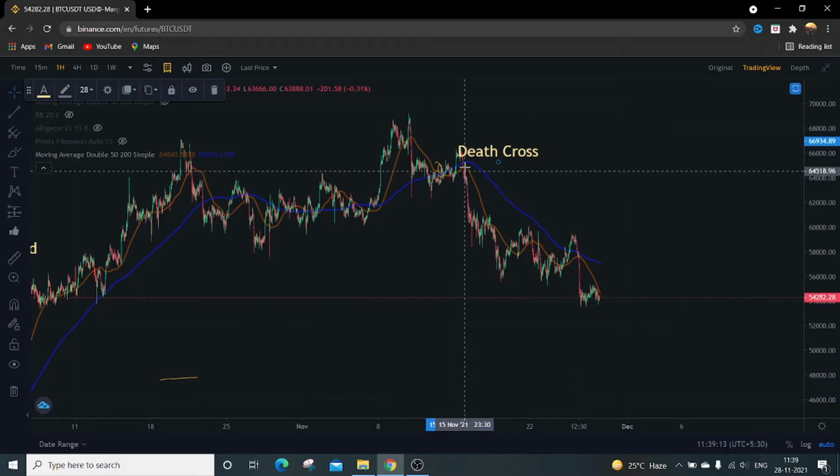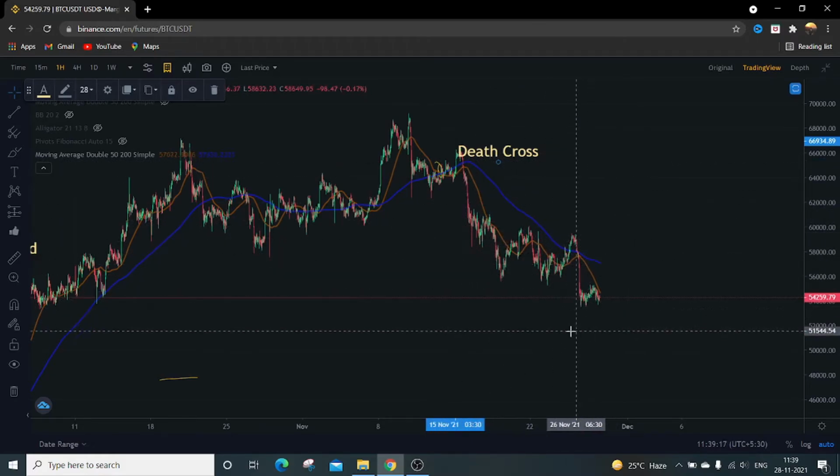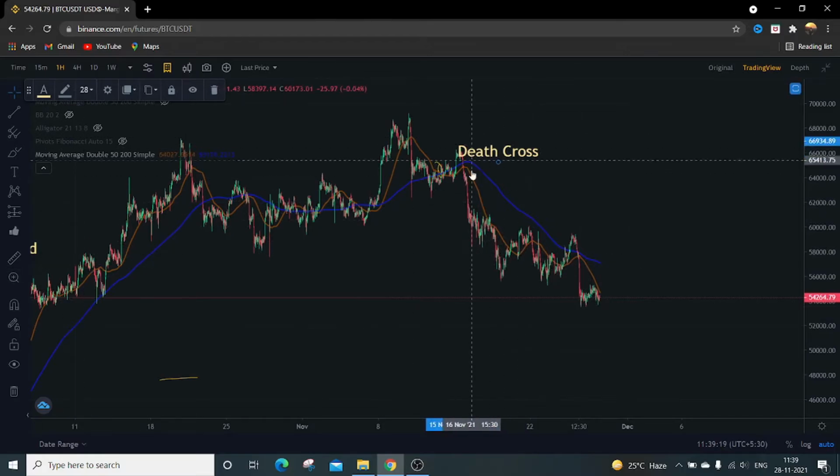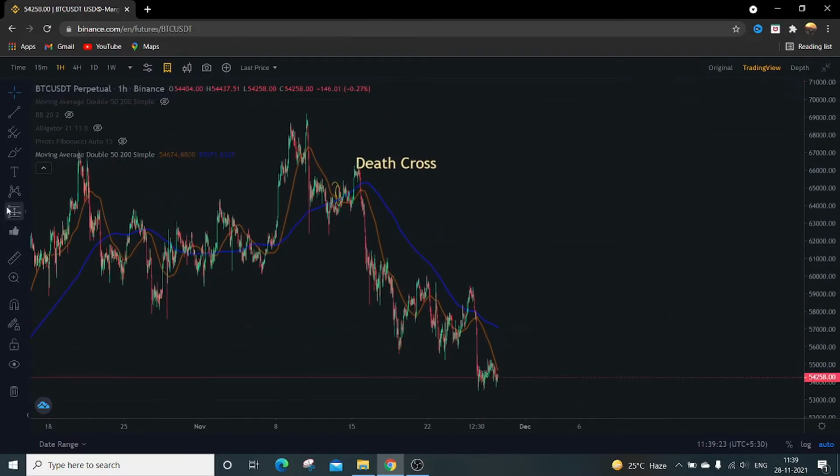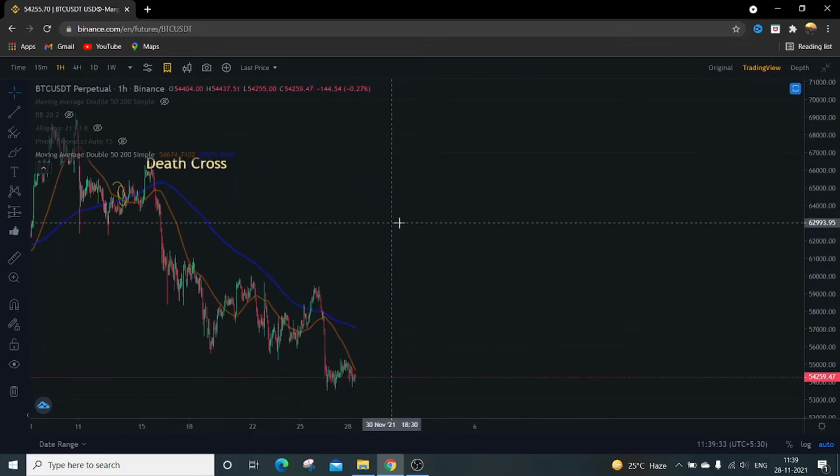From this point onwards it will move in the downward direction, and as you can see from the death cross, it is moving very much downward.